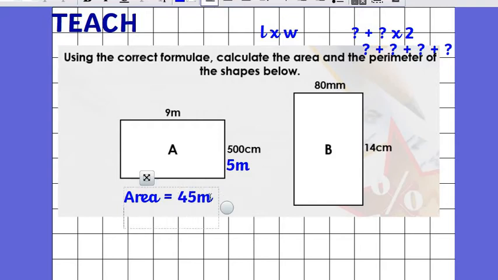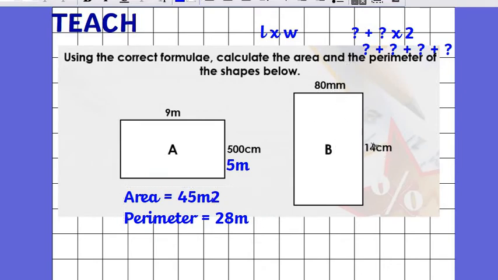The perimeter, remember what we said here is we add the two sides together and times by 2. So 9 add 5 is 14, so 28 meters. I missed here, units squared. Again, it has to be meters squared.